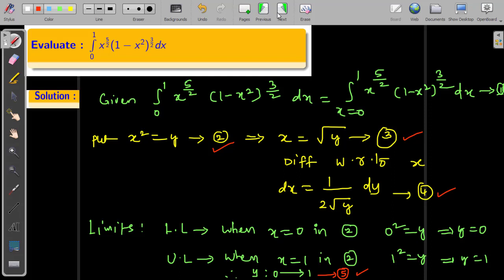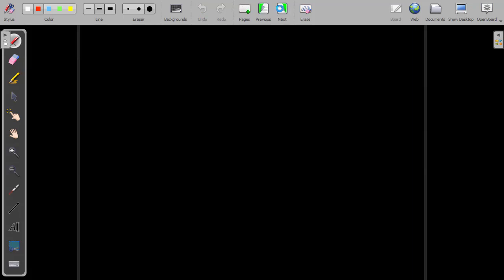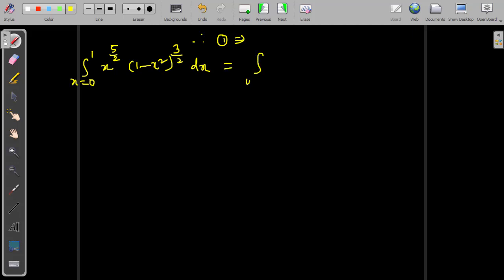So the next step, I will take a new page. Okay, therefore we can say equation 1 implies, so what is equation 1 LHS? The integral over x from 0 to 1 of x power 5 by 2 times (1 minus x square) whole to the power of 3 by 2 dx. This becomes the integral with y limits 0 to 1, same limits. x means from equation 3, root y power 5 by 2.